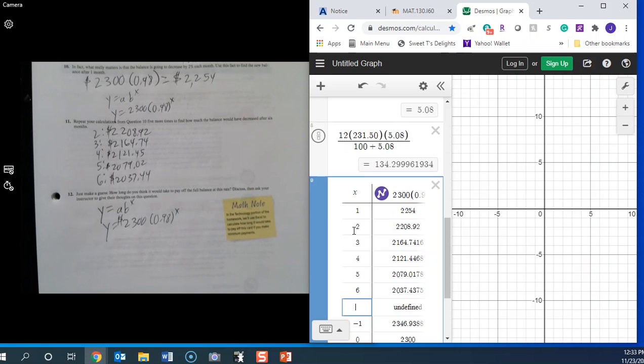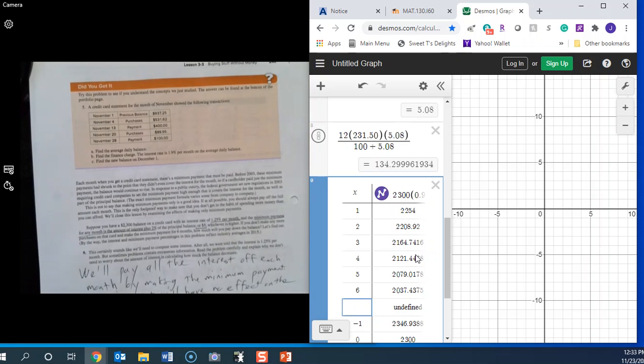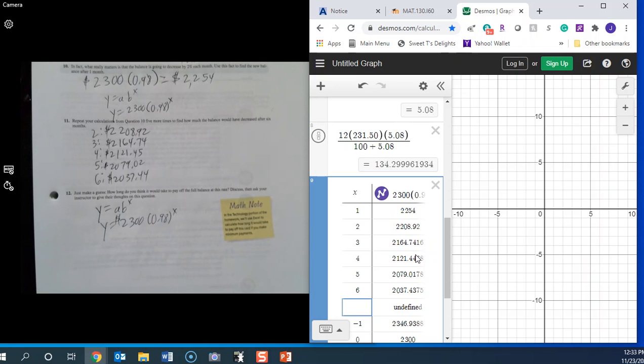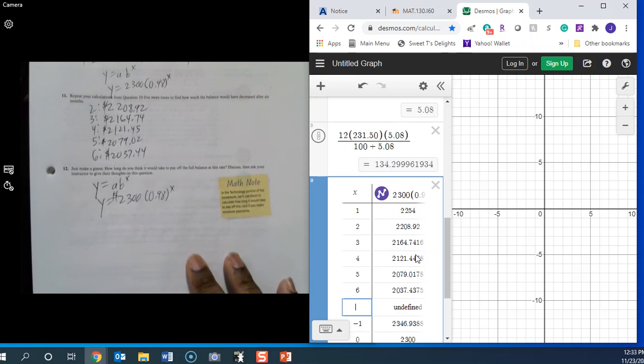We need to get the y value from here to either equal 0 or to go less than $5. Because remember, on the previous page, it says you will pay the minimum payment for any month is the amount plus 2% of the principal, or $5, whichever one is higher. So if we get it down to $5 or lower, we know we're there.